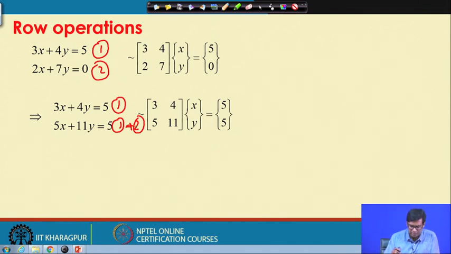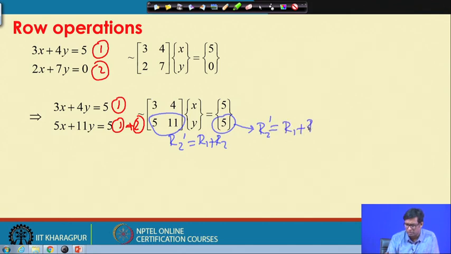So, what we write is that the new row R 2 prime is equal to R 1 plus R 2, and the same operation has been taken here. This new row, which is R 2 prime of B, is equal to R 1 plus R 2.